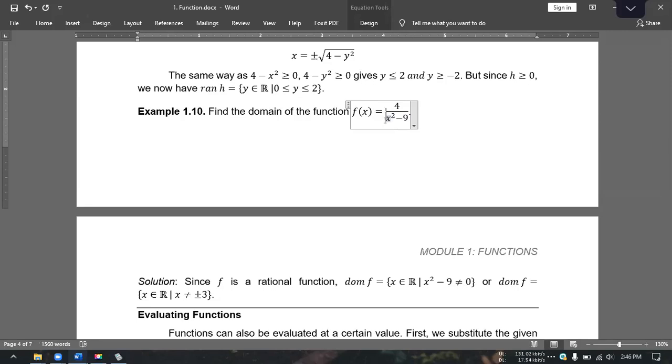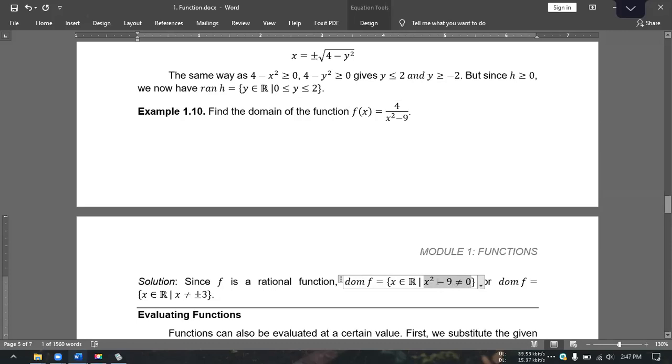To do that, our denominator must not be equal to 0. Since f is a rational function, the domain is the set of all x element of R such that x squared minus 9, which is the denominator, cannot be equal to 0. After that we have to solve for the x values in x squared minus 9.